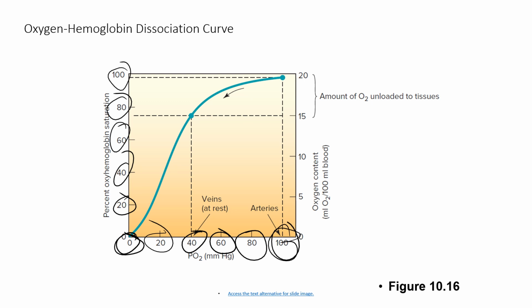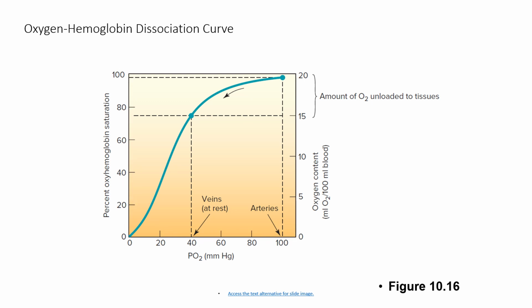And on the y-axis, what the oxygen-hemoglobin dissociation curve is showing you is how saturated the hemoglobin proteins are inside of the red blood cells with oxygen. That could range from 0 to 100% saturated. This all sounds very confusing, but it's actually not.